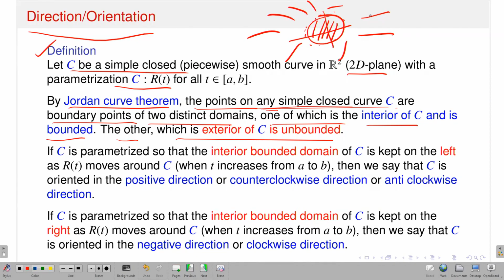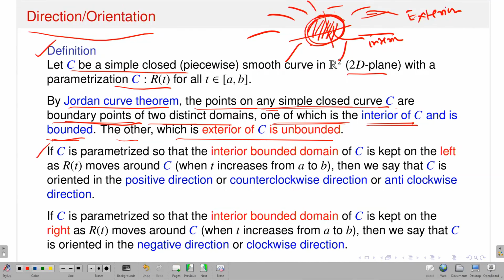So, this is the exterior, this is the interior, and this is the boundary point. So, by the Jordan curve theorem, the points on any simple closed curve C are boundary points of two distinct domains, one of which is the interior of C, and it is bounded, and the other which is the exterior of C and which is unbounded.